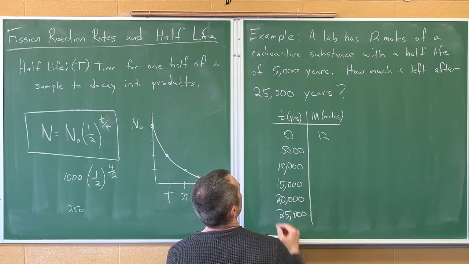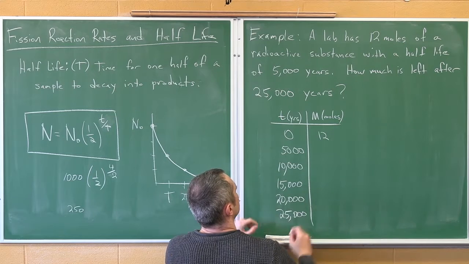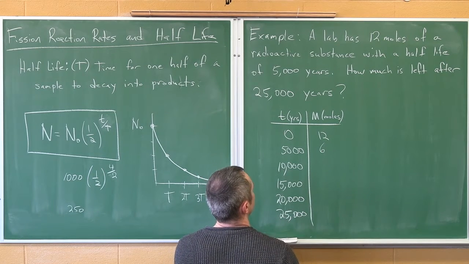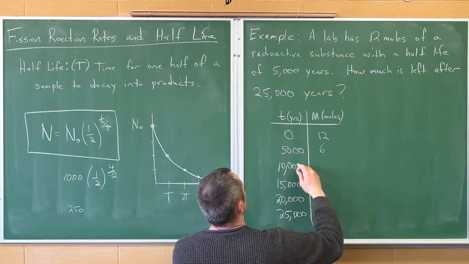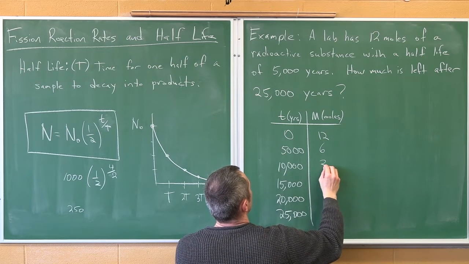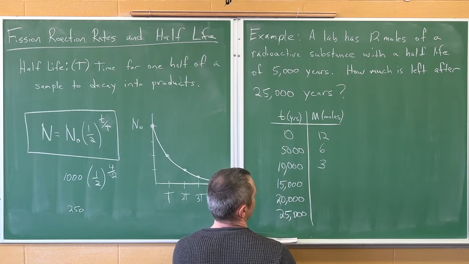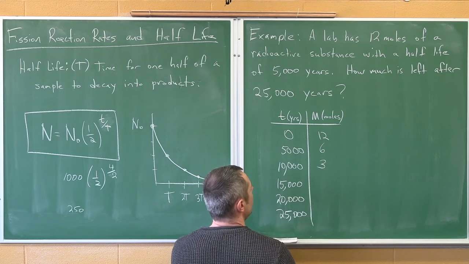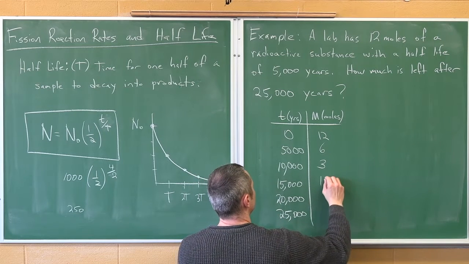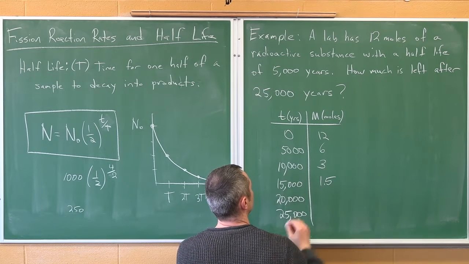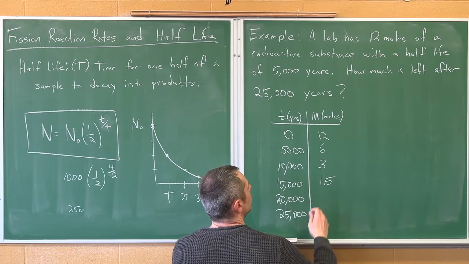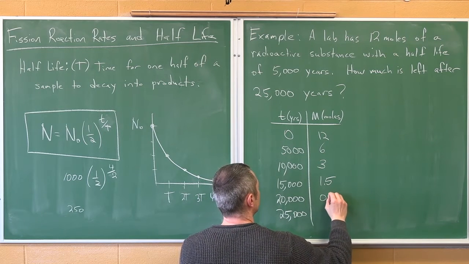So after 5,000 years, we went through 1 half-life. We'll have 6 moles left. Another 5,000 years, we'll lose half of that again. Another half-life, we'll lose half of that again. Another half-life, we'll lose half of that again.